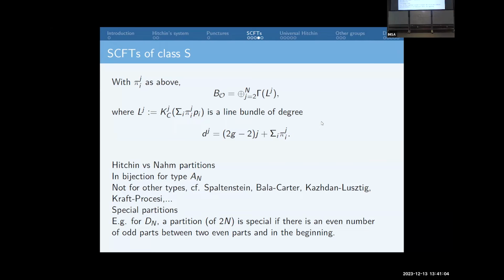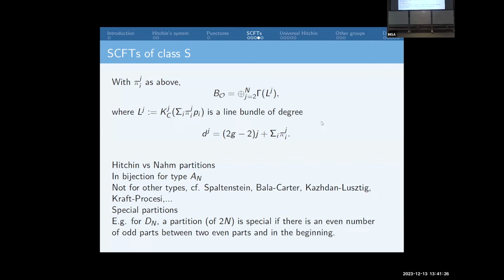So it's just the transpose. Yeah, for other groups, there's a bijection between the nilpotent partition and the orbits.